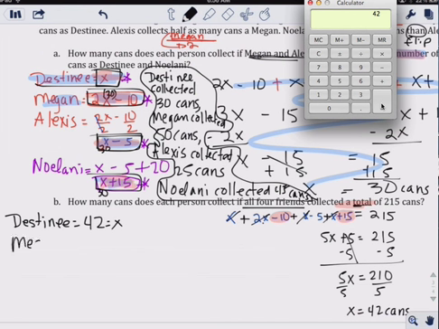Megan, therefore, is 2x minus 10. So Megan is 2 times 42 minus 10.